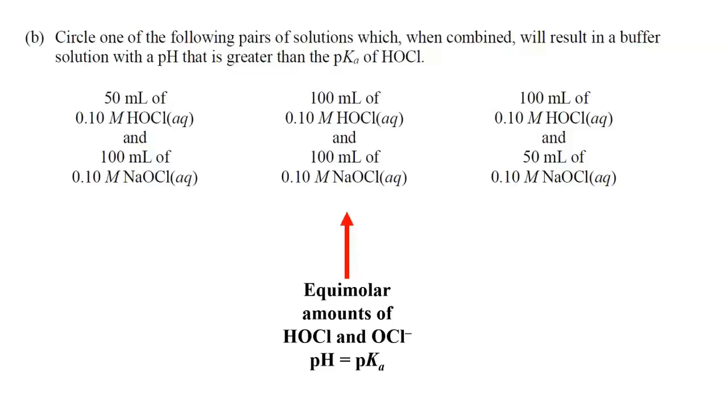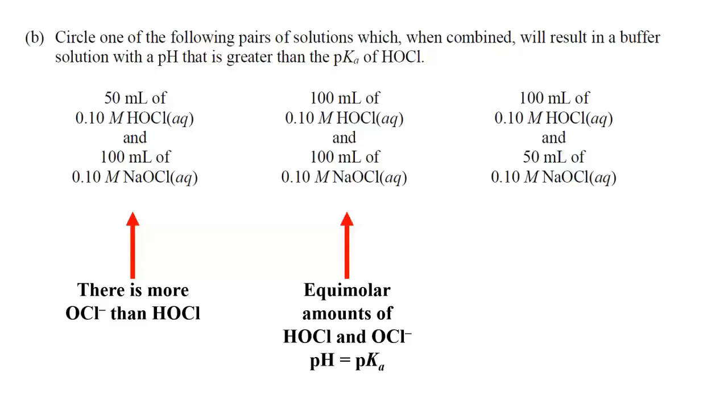We have 50 milliliters of 0.10 molar HOCl, but then we have 100 milliliters, so twice as much, of the 0.10 molar sodium hypochlorite, or NaOCl. So in that first combination, there is more OCl- than HOCl. And then the third combination, it's the opposite. It's the other way around. We have 100 milliliters of 0.10 molar HOCl and 50 milliliters of 0.10 molar NaOCl.